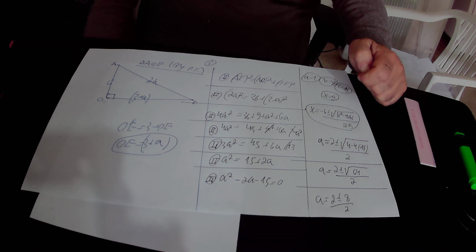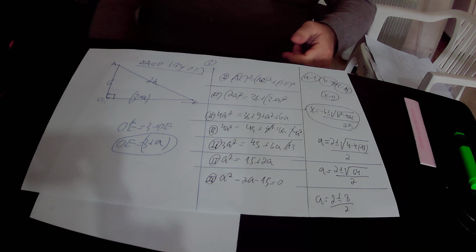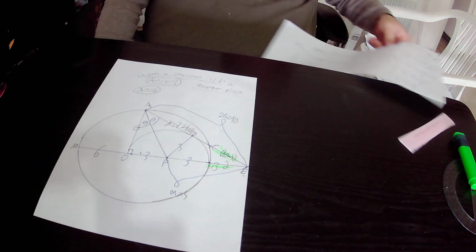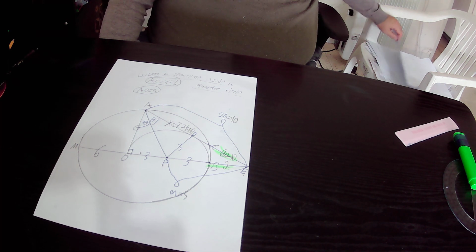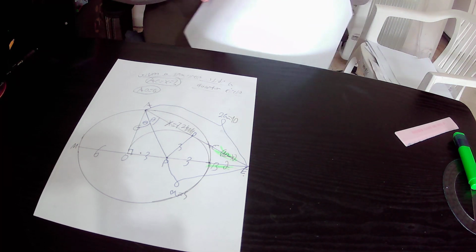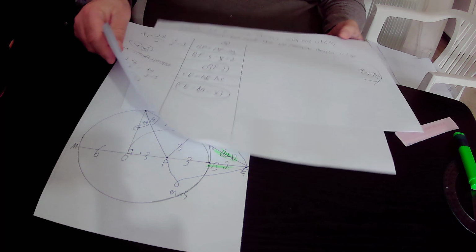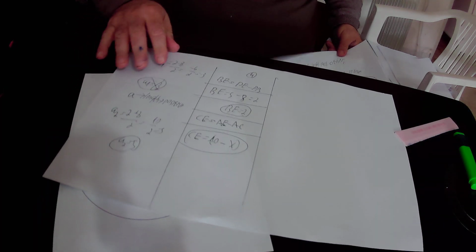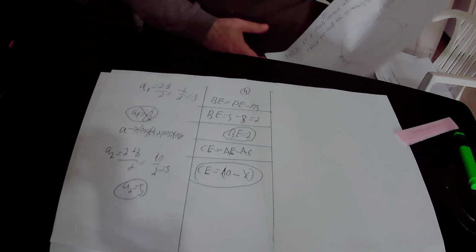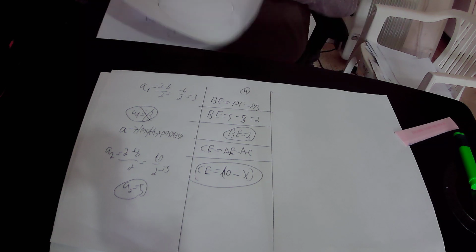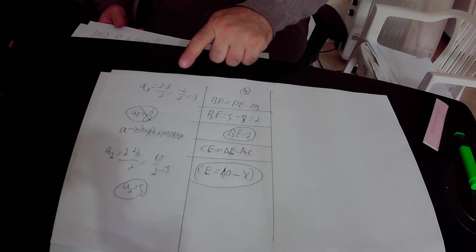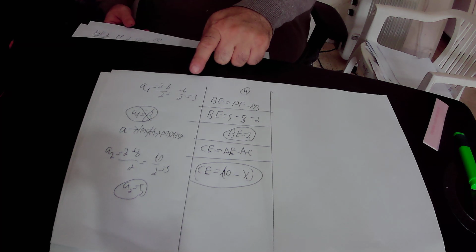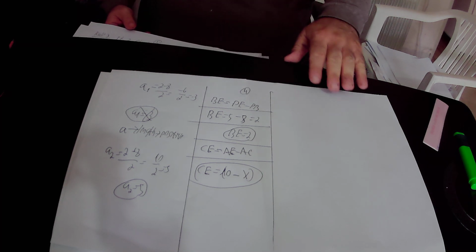So here we will have two possible solutions for a. The first solution for a is a1, that is equal to 2 minus 8 over 2. 2 minus 8 is minus 6, and minus 6 over 2 is minus 3.